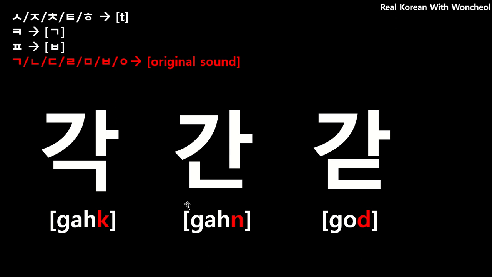And the rest still has the original sound. So this one, G or K, right? So 각. And this one, 간, N sound, original sound, still has it. 간.